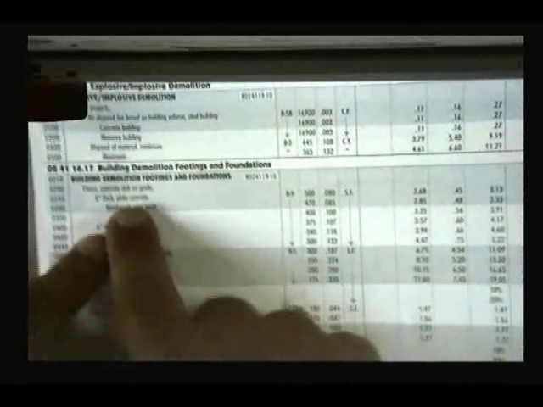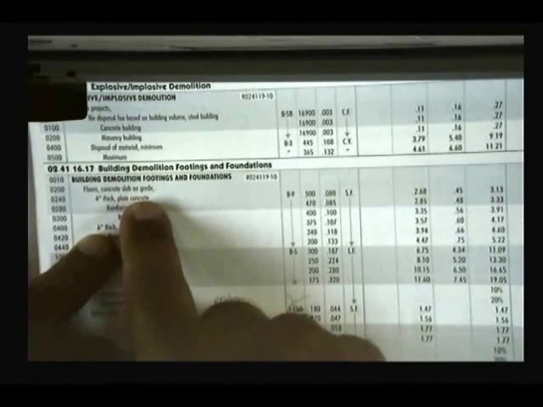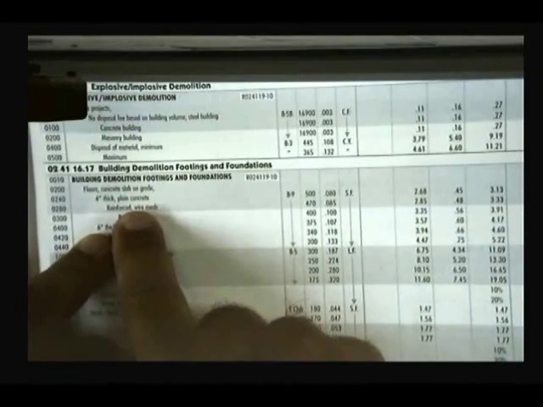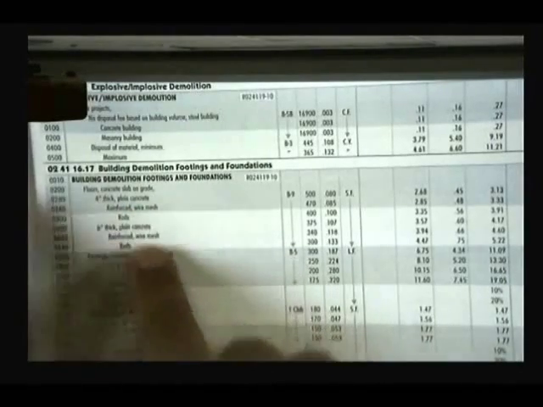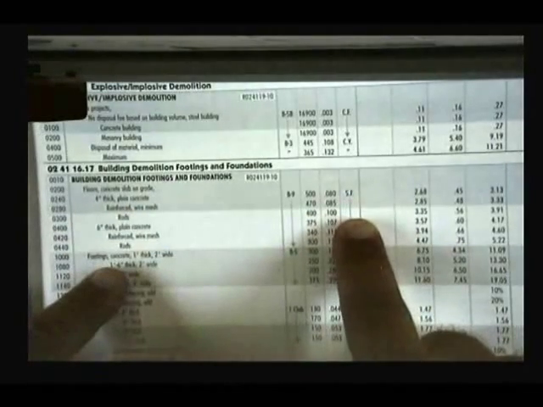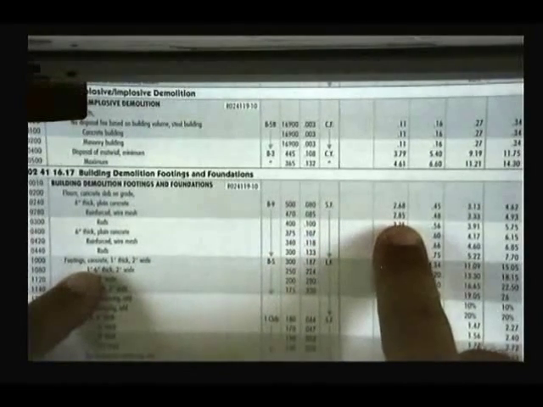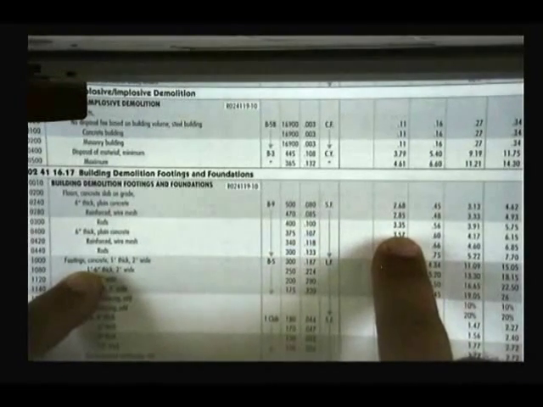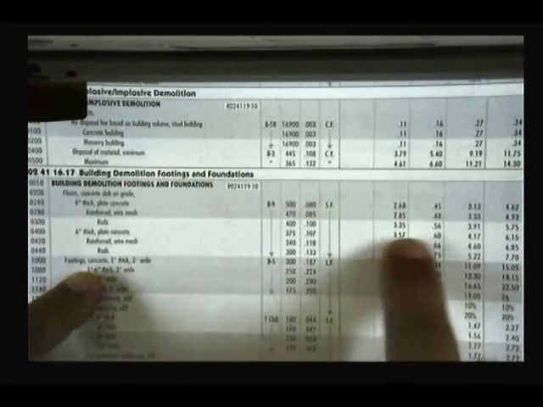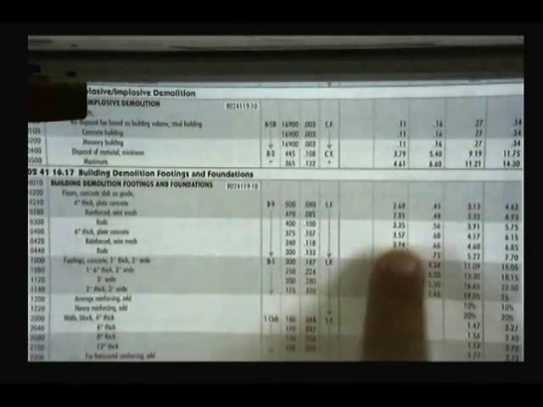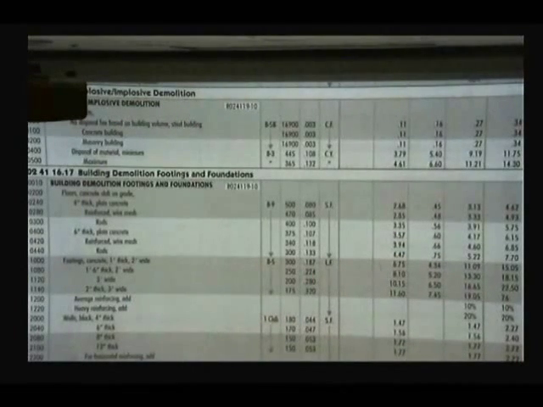So now, for the foundations, you have the concrete slab, the slab on grade, 4-inch, 6-inch, and then you have a cost per square foot that is going up. See, $2.85, $3.35 per square foot, and what is the square footage of this thing?